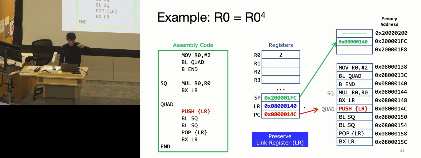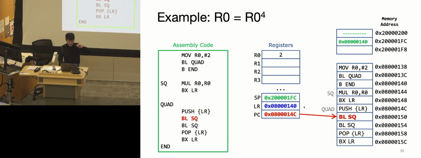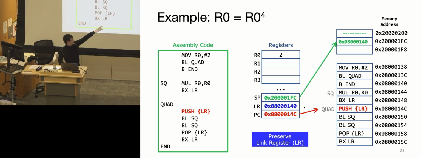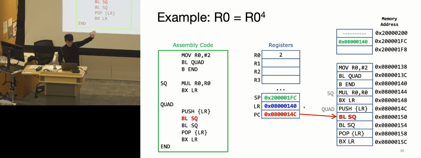And then we preserve the link register. Then we go to the quad function, which does the push to the stack. So the stack pointer will decrease by 4 and then put the value there. And then it will jump to the SQ function here.